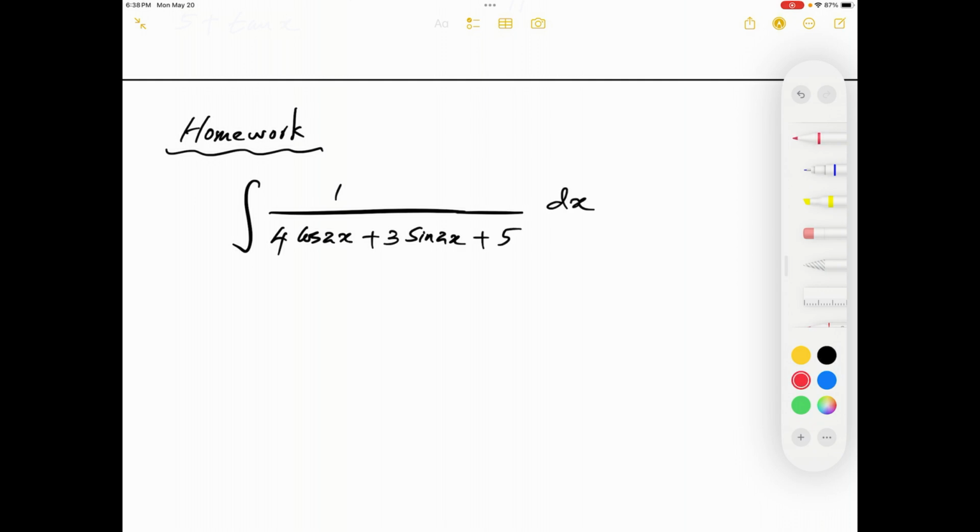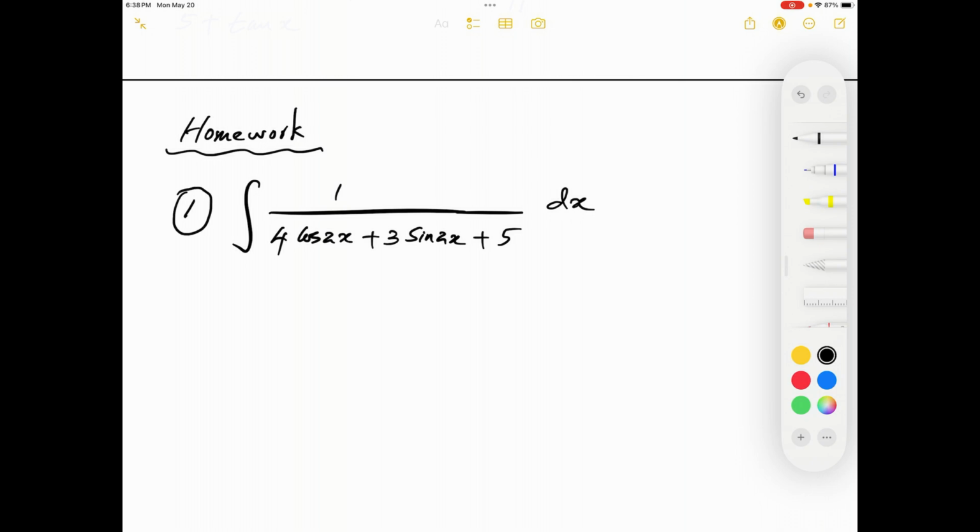Even for this question, you can see that 4, 3 and 5 form a Pythagorean triple, because 4 squared plus 3 squared is equal to 5 squared. So, if you would like to try the method discussed in the video, please try to answer this question using that method.